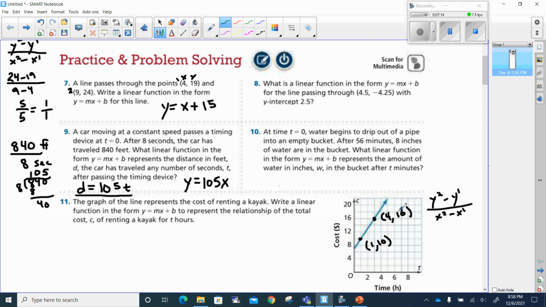I know that this is going to be 16 minus 10 over 4 minus 1. I know 16 minus 10 is 6, I'm sorry, 6, not 16. And 4 minus 1 is 3, and 6 divided by 3 equals 2. So my rate is going to be 2.